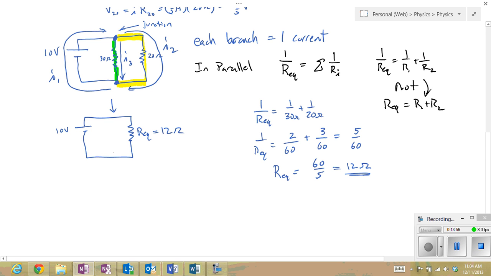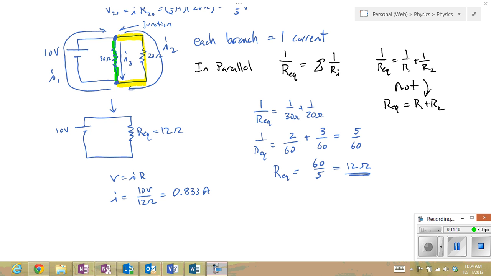We now are back to our simple circuit. So I can do V equals IR. I can solve for I, which would be 10 volts divided by 12 ohms, which I will calculate here, which is 0.833 amps. I now need to go backwards a step and figure out what the individual currents are in my individual branches. Now, in this particular problem, I could have done it directly because I knew the voltage across each branch.